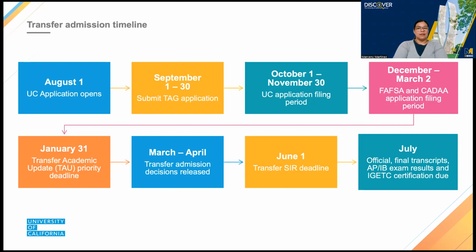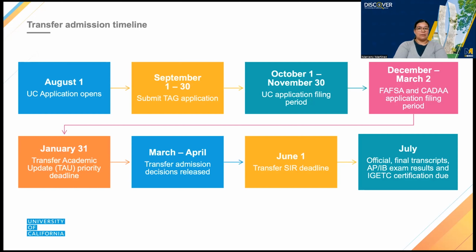All students must submit a TAU even if not enrolled in any courses in the spring term. The priority submission deadline is January 31st, and the Transfer Academic Update form is open until March 31st. Failure to submit the form may jeopardize a student's chances of admission.